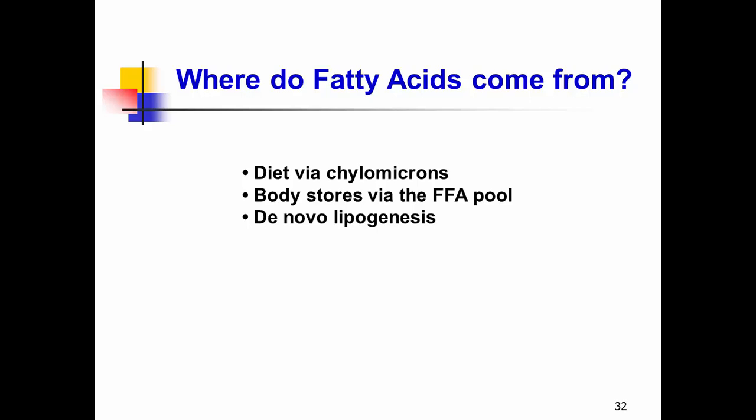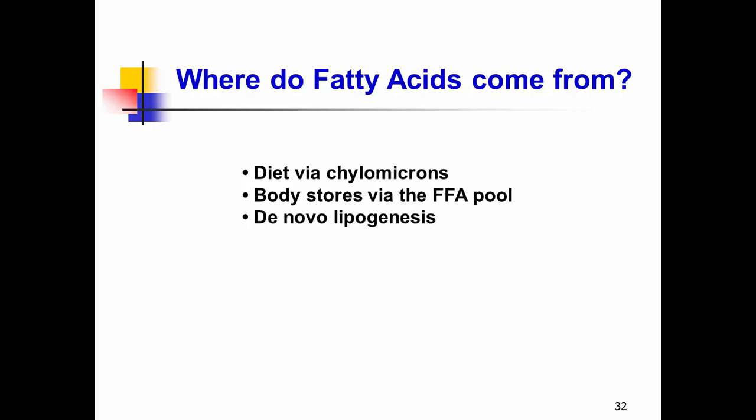So the sources of the fatty acids for synthesis of triglycerides come from three pathways, right? First is the diet, fatty acids from diet, second is the body stores, and third is de novo lipogenesis, right? Because triglyceride synthesis occurs mostly in the fed condition, right?